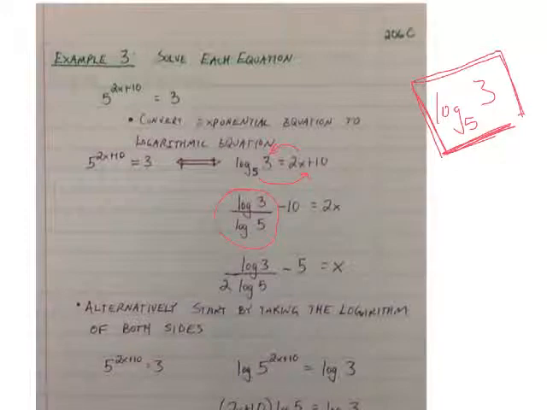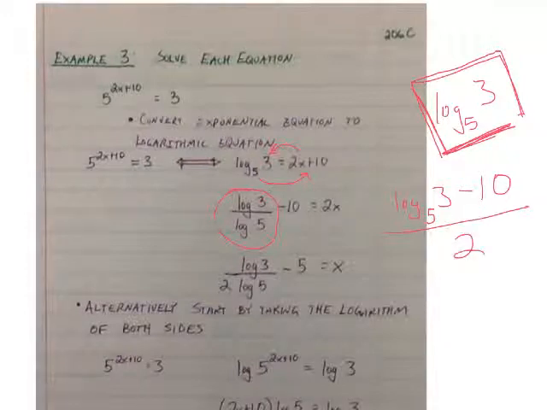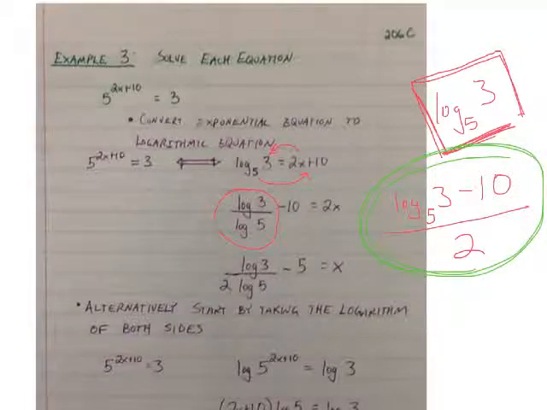But in all reality, we could have left it as base 5 and then subtracted our 10 and divided the whole thing by 2. That would have been a completely acceptable answer as well, and I would have accepted it. There's lots of different ways you can represent logarithms. Here's one possible way, the one that I worked through first.